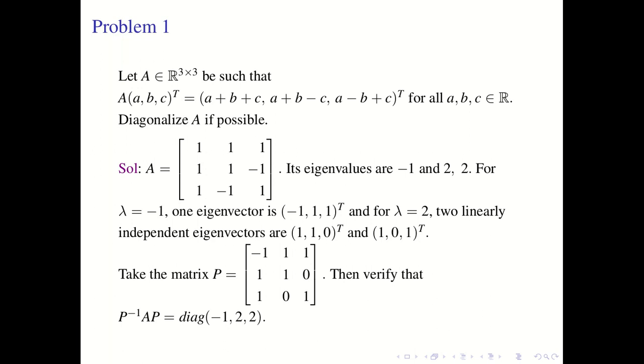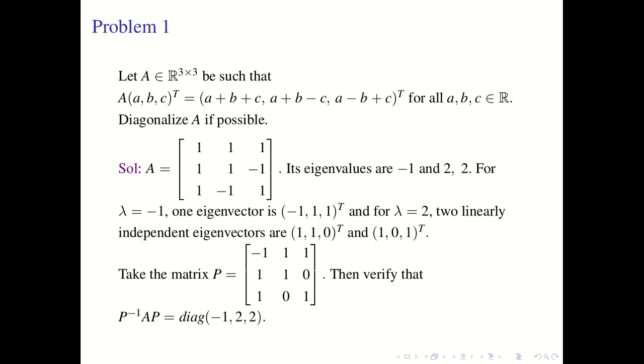Here the first column is the eigenvector corresponding to eigenvalue lambda equal to -1, and then eigenvectors corresponding to eigenvalue 2 and 2. Therefore, P inverse AP will be a diagonal matrix with diagonal entries -1, 2, 2.